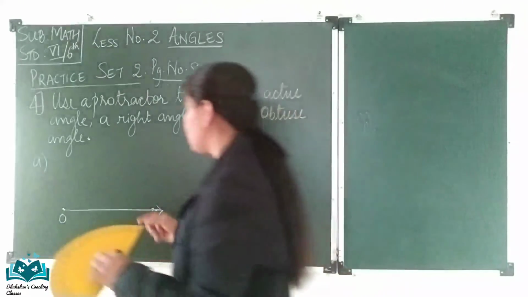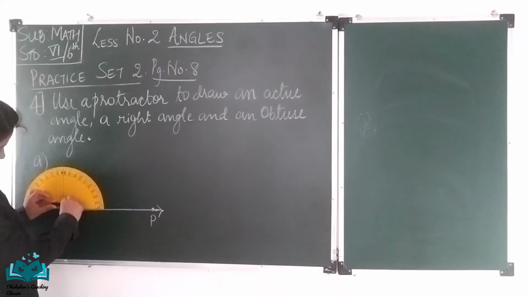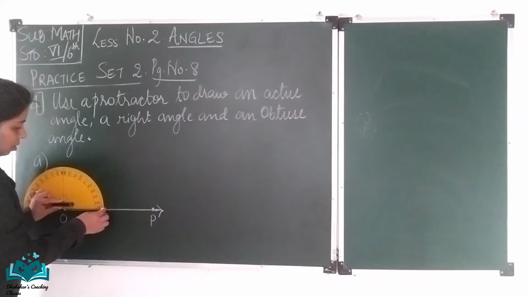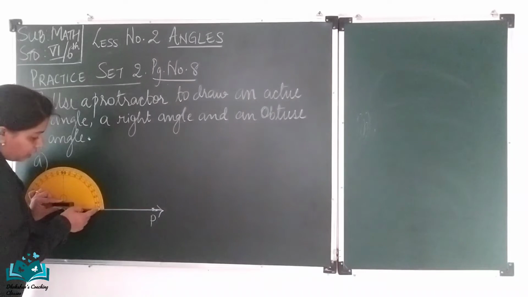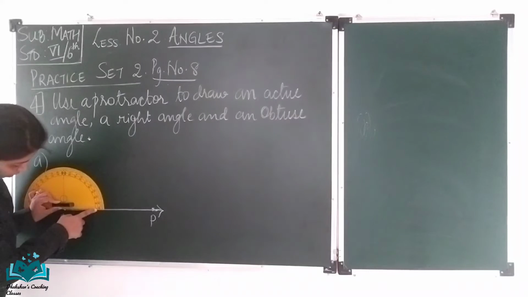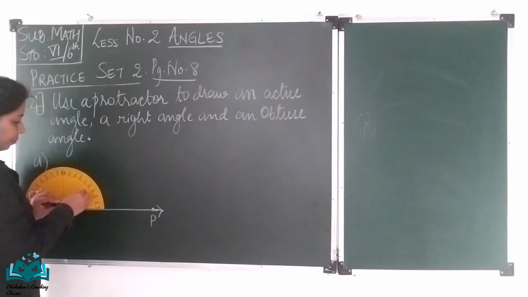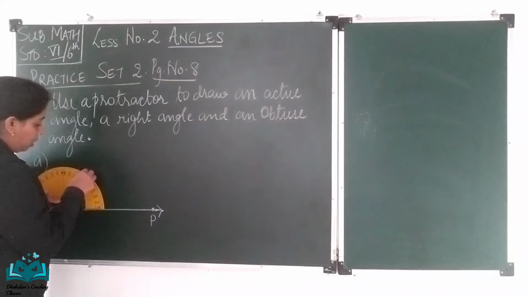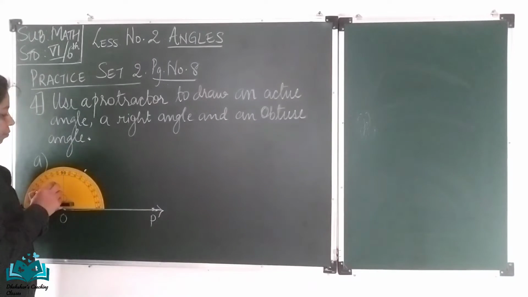I will place this pointer on O. Take any angle whose measurement is greater than 0. It should be kept straight on the line. I mark an angle of 60 degree with the help of the protractor.